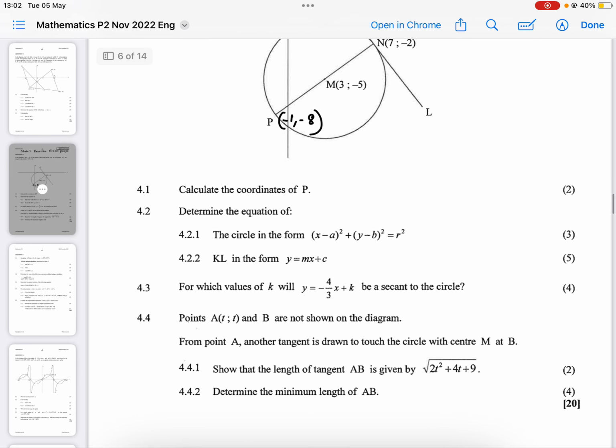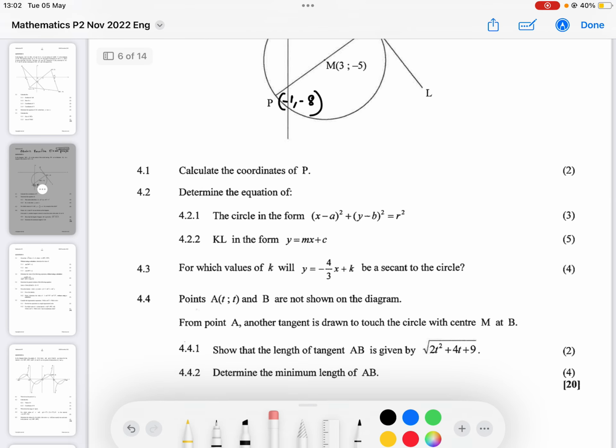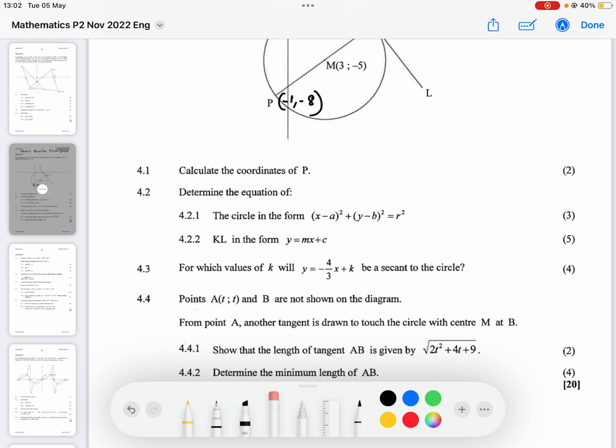The next question says I have to calculate the equation of the circle. Equation of the circle, 3 marks, easy marks. So this a and b are the coordinates of the center. When they get into the bracket, they change the sign.